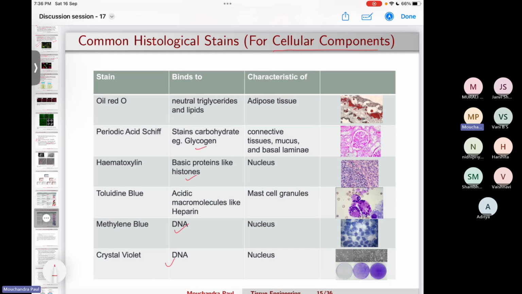Then toluidine blue is used to stain the heparin molecules that are present in the mast cell granules. Then hematoxylin, you must have heard about H&E staining, hematoxylin and eosin. So hematoxylin is used to stain the nucleus, and the nucleus has the histone proteins. So similarly, these kinds of stains are available for staining different kinds of cellular components.